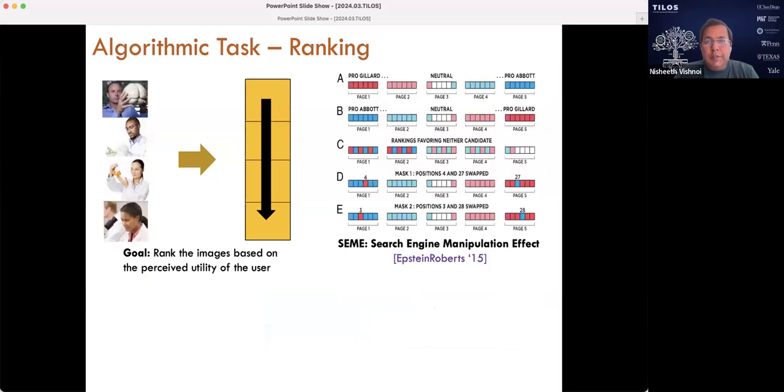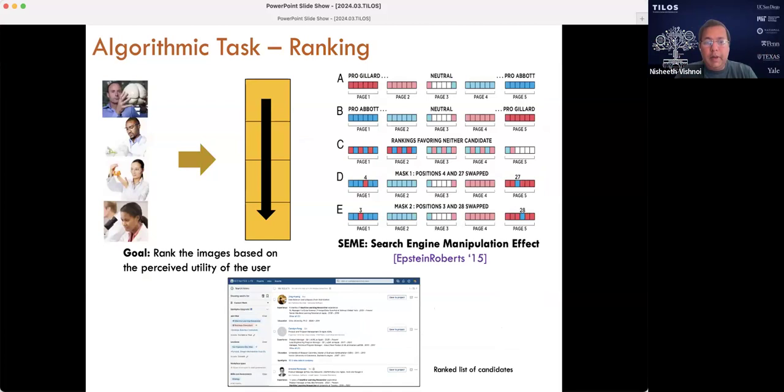Other very basic problems in optimization are things like ranking. Again, a very old algorithmic task, an optimization task, but it is used a lot. When you open your Twitter or Facebook or Instagram or whatever, this is the core.